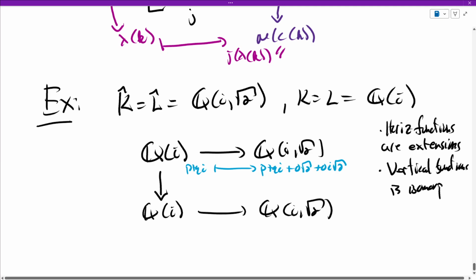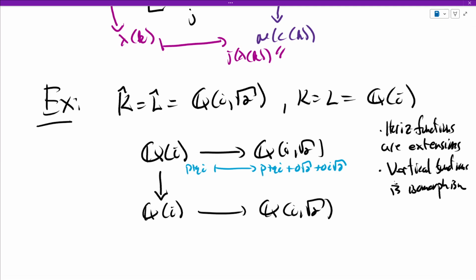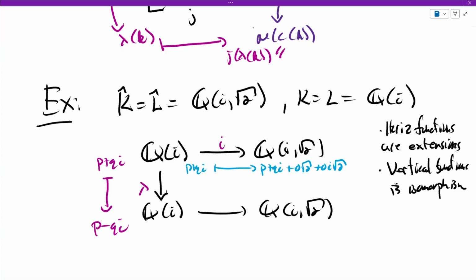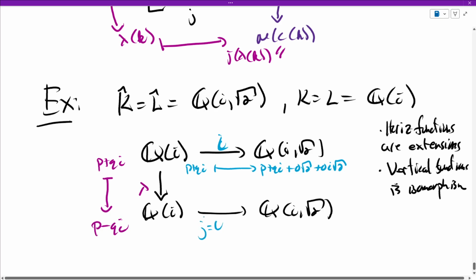But you have to take both of them. Both of them are the data of the isomorphism. We're going to let p plus qi be sent to its conjugation. So that's going to be our lambda. Iota is here. It's just the subset inclusion. And this is also iota. It's the same function, so j is also iota in our picture. This lambda is going to be conjugation.